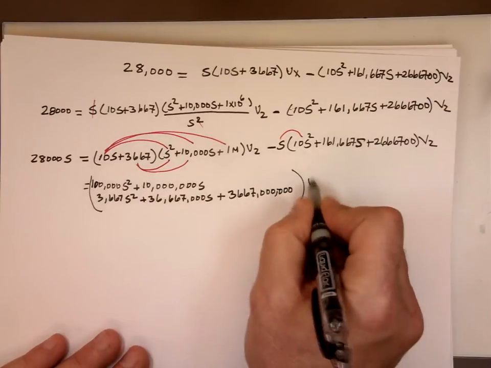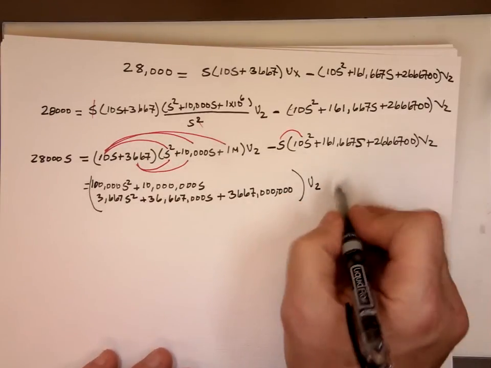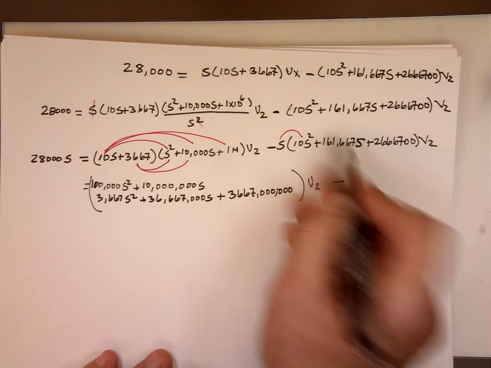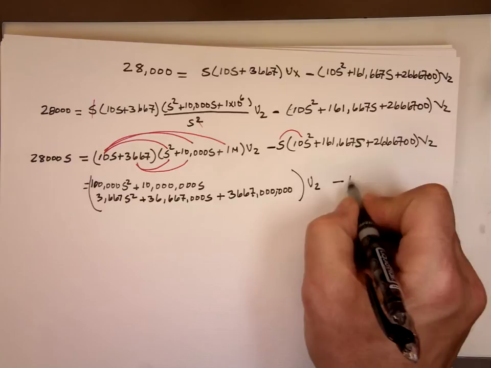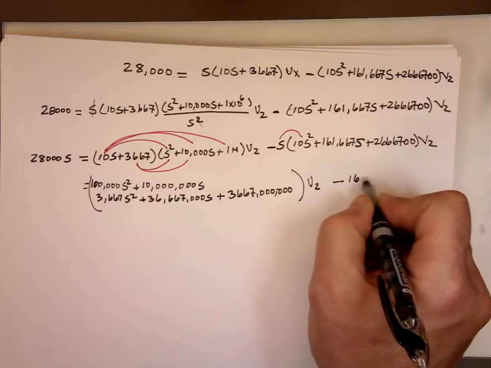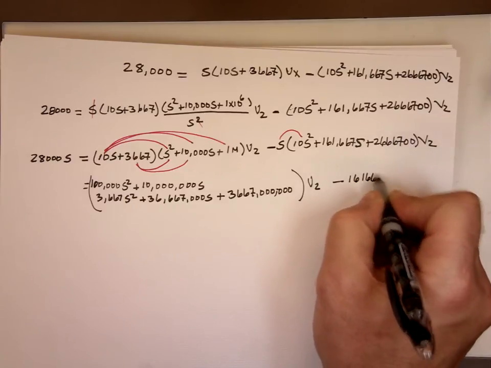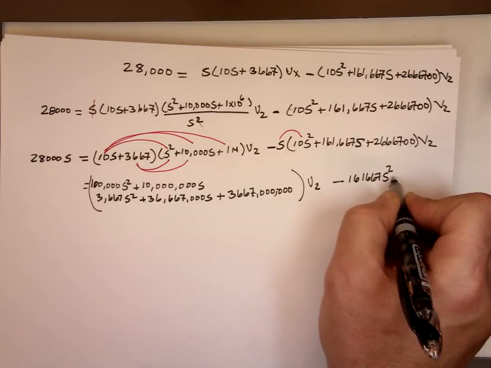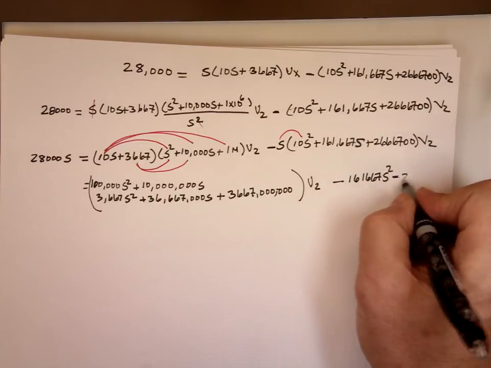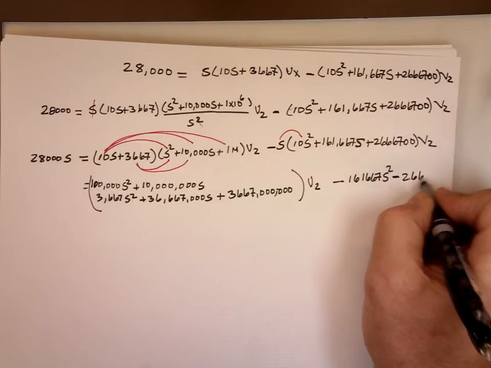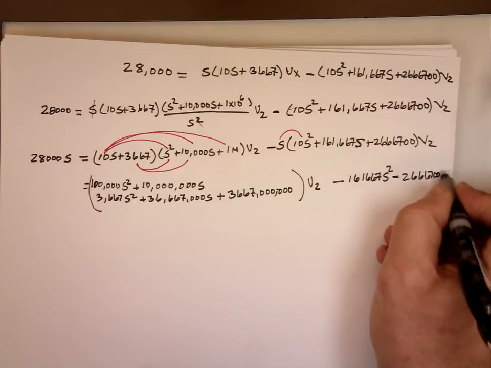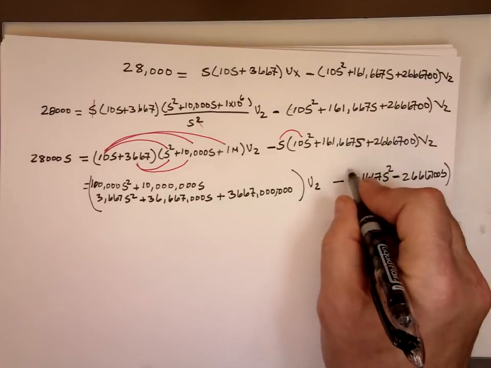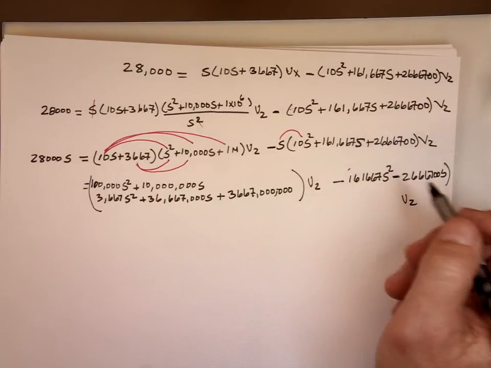I already canceled the s cubed, so this is gone. This would be minus 1,667 s squared. This would be minus 2,667,00 s, all this times V2. So there'll be a plus on the outside? I'll go like this, yeah.